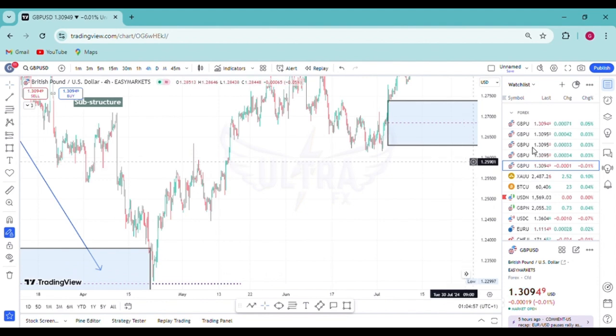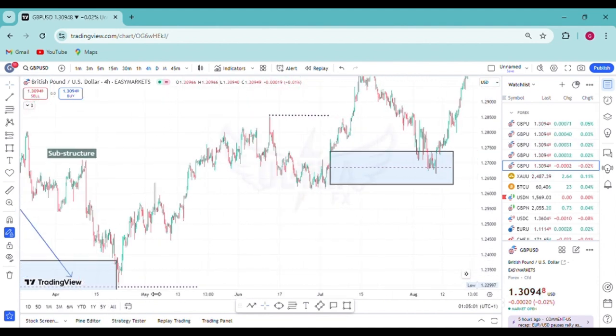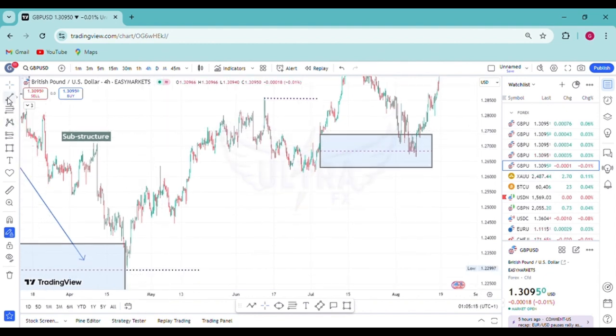Let's look at it from this angle right here. So let's say you are trading from this spot and you classify this area as your trading range, right? This is your low.